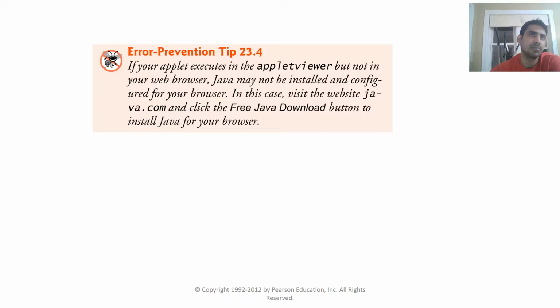Whenever Java is missing in your computer and we are running on a web browser, it shows us that Java is not installed in our system. In order to avoid that, we need to install Java in our system and for our web browser.